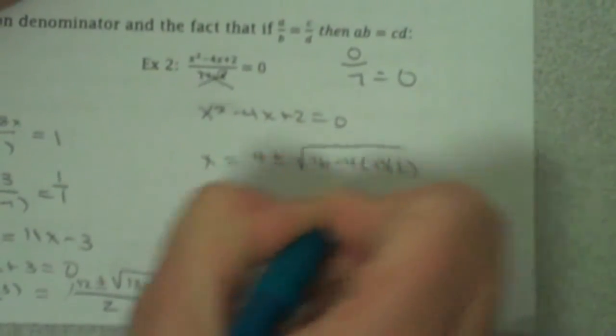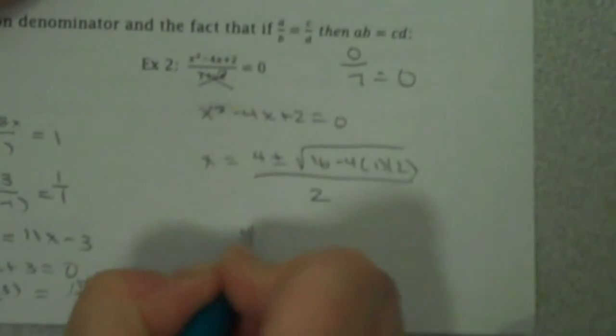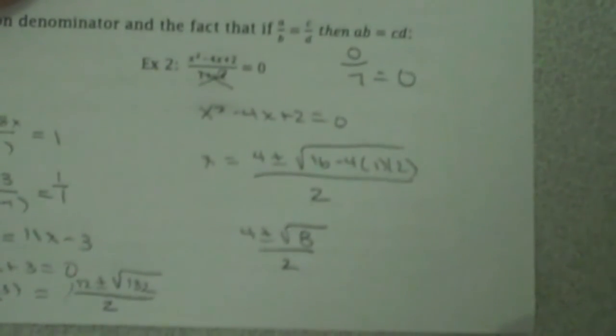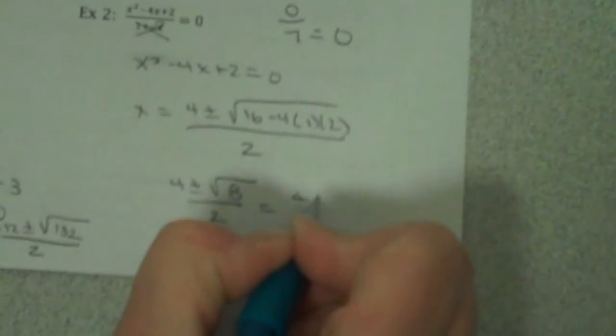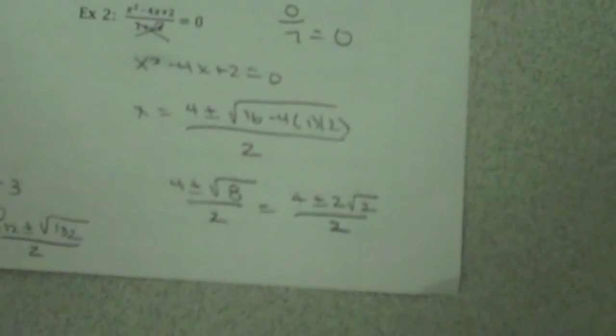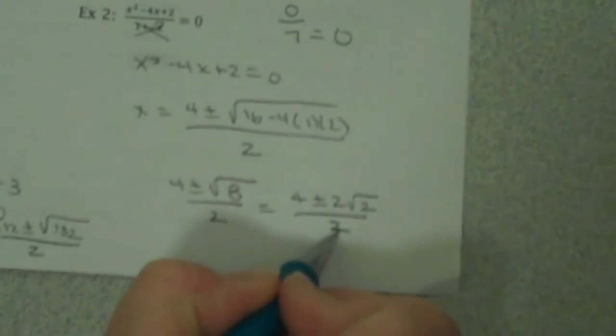So I'm doing the quadratic formula right now. The opposite of b, plus or minus the square root of b squared minus 4ac, all over 2. And I get 4 plus or minus the square root of 8. And I'll just go ahead, since this is a simple one, to simplify. The square root of 8 is 2 radical 2. Now here's a common mistake that I see people make.